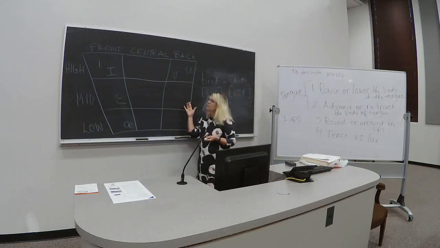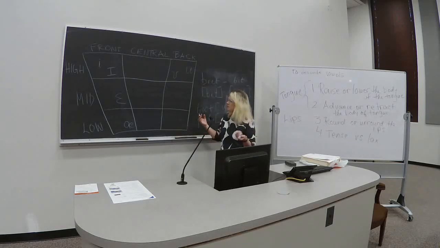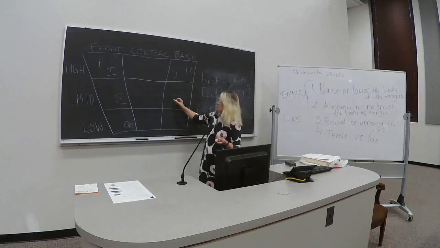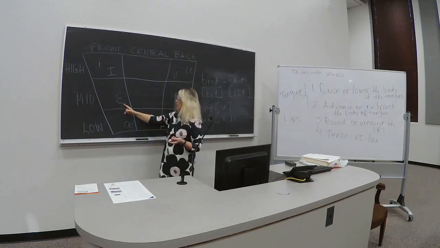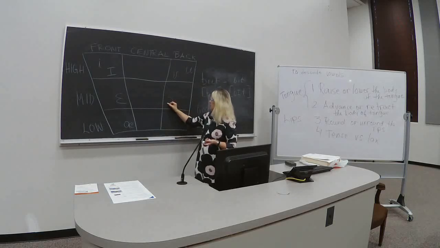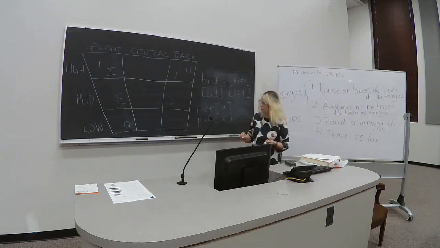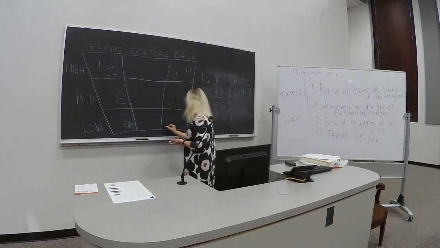Like the consonant chart, the vowel chart creates a constellation where there is some kind of symmetry. So the back counterpart for the front /e/ would be /o/, and the back counterpart for the front /æ/ would be /ɑ/.